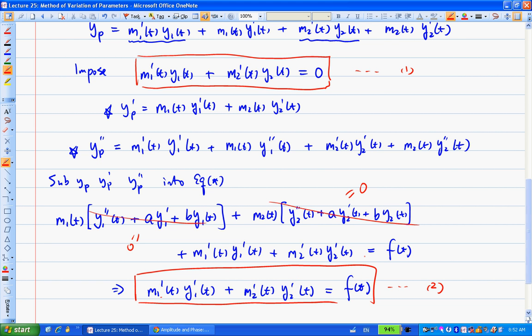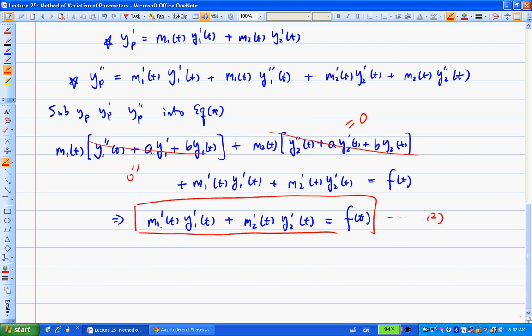So you have two equations and two unknowns, so we should be able to solve for m1 prime and m2 prime. This is not just a regular linear solution of x and y, but it's more or less like that, the same pattern.